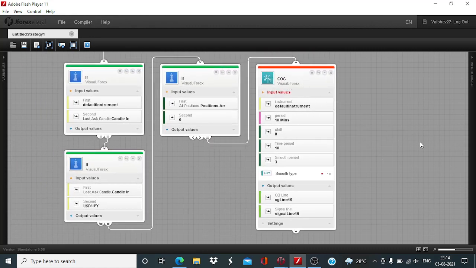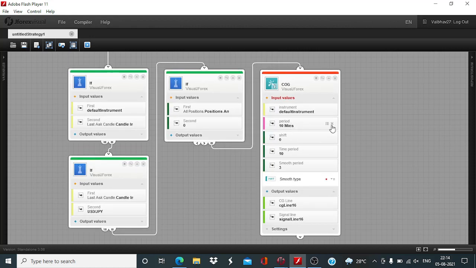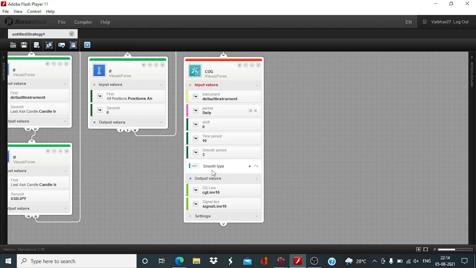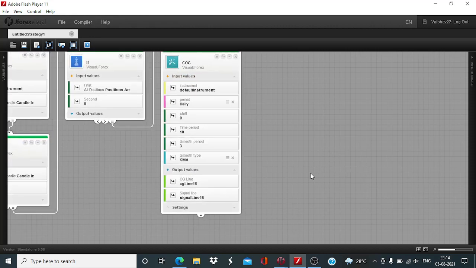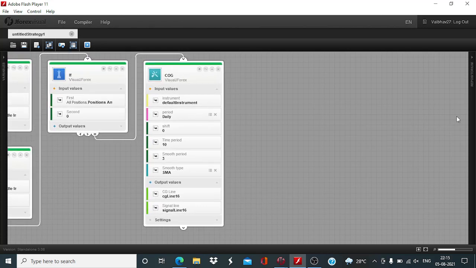And coming to this center of gravity block, I will change this to daily. Moving average type, we will keep it SMA. No changes on the setting side.